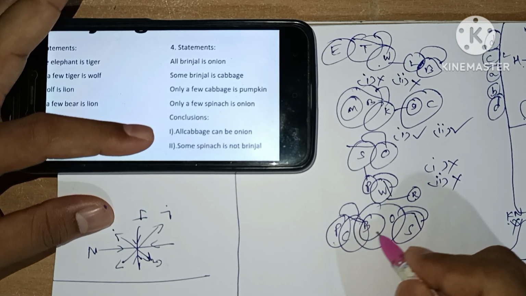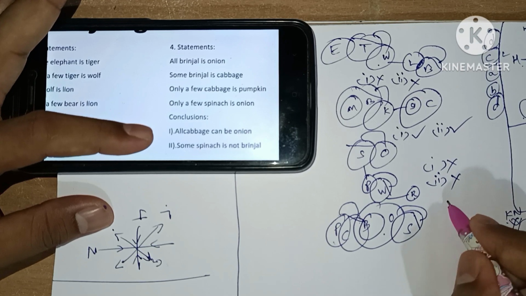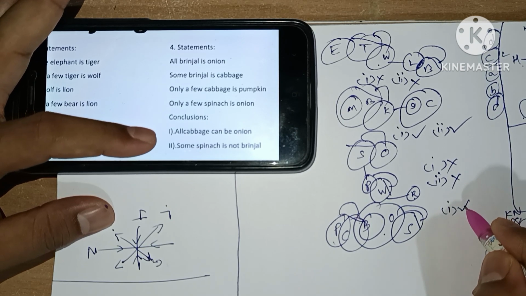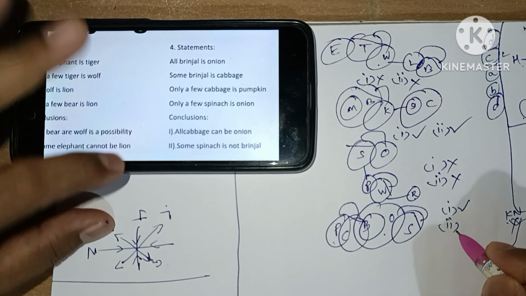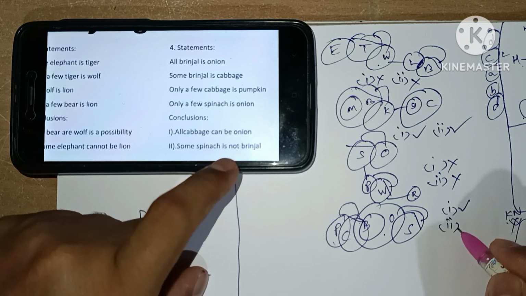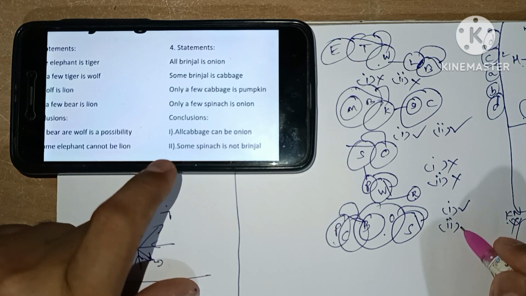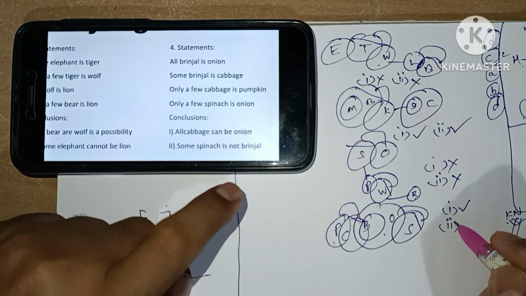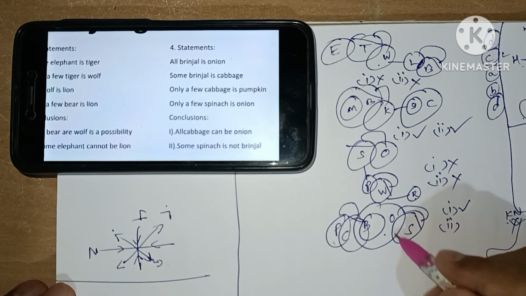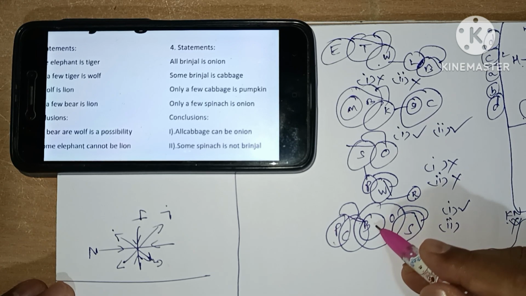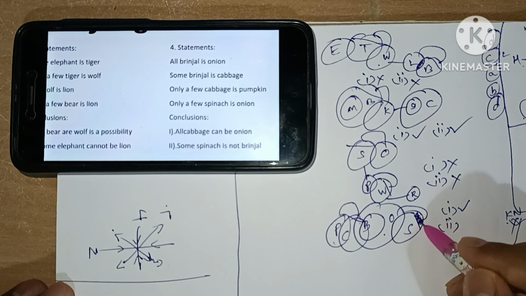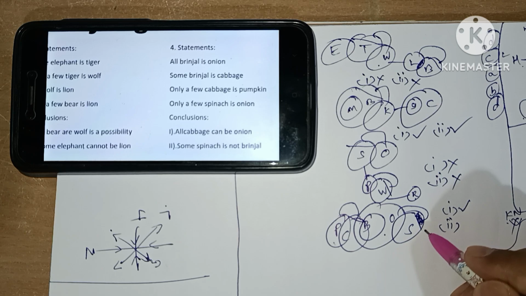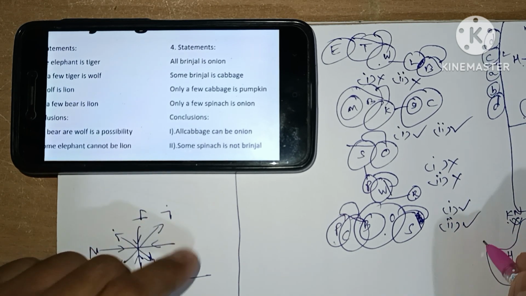All cabbage can be placed inside onions. It is possible. So the first conclusion will be true. Second conclusion. Some spinach is not brinjal. Here we see not. So we check whether all spinach can be brinjals or not. All spinach can be placed inside brinjal. It is not possible because of this one. So if the all case fails, the some not case will be true.